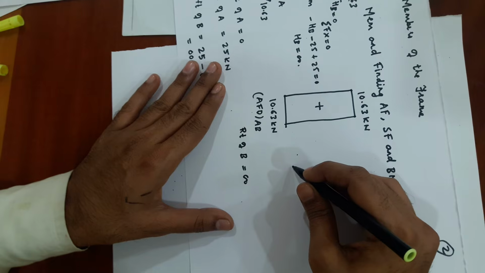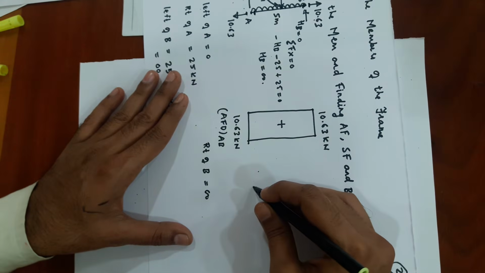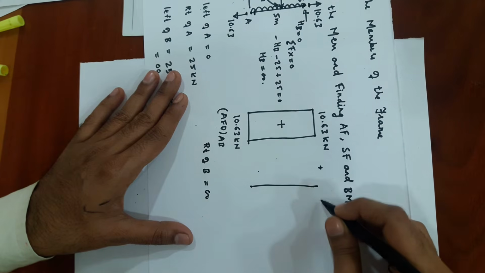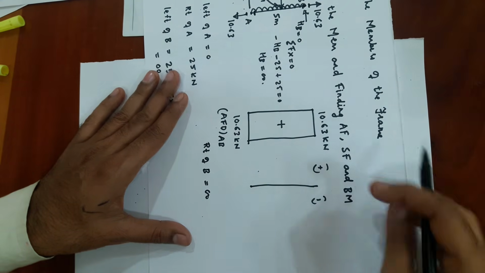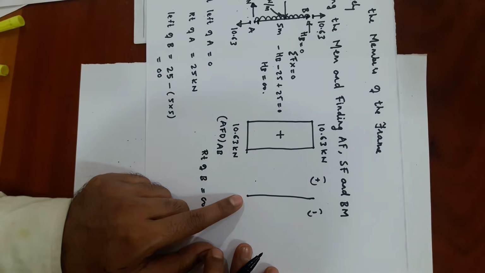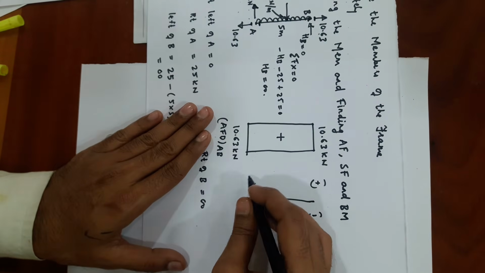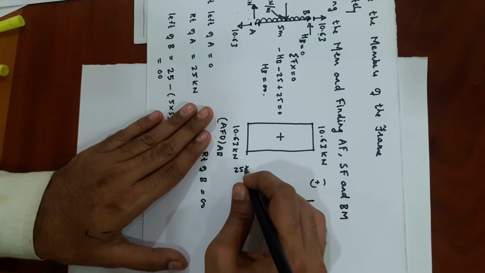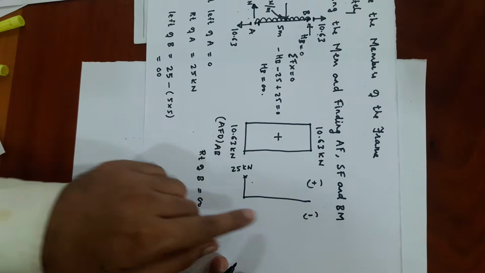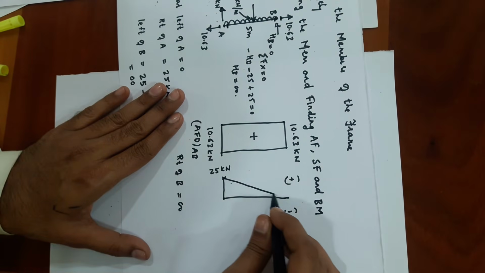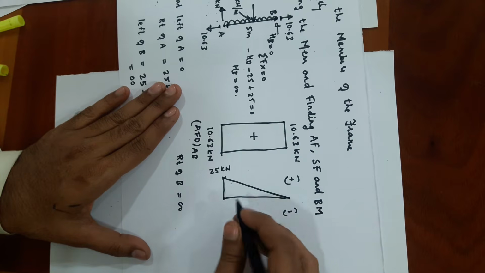So you need to draw the shear force diagram. This is the datum. Above this positive, below this negative. At left of A 0, at right of A 25 kilonewton, at left of B 0, at right of B also 0.